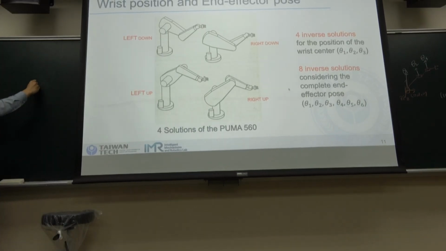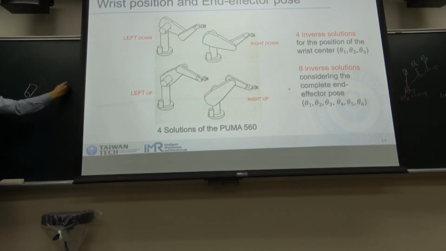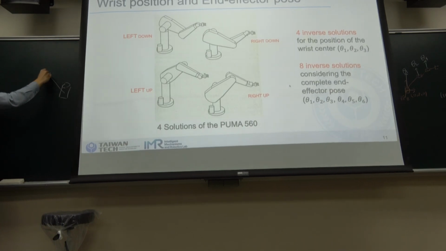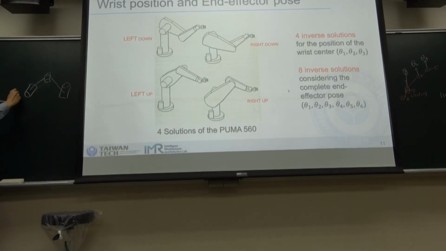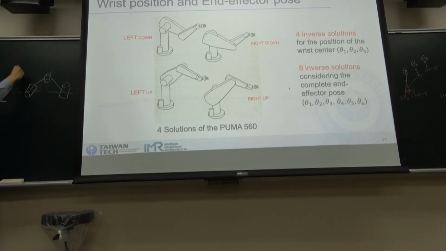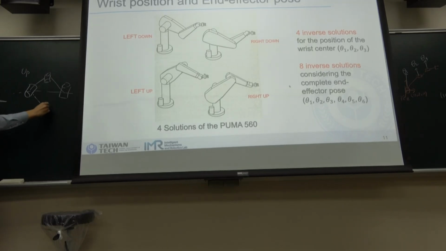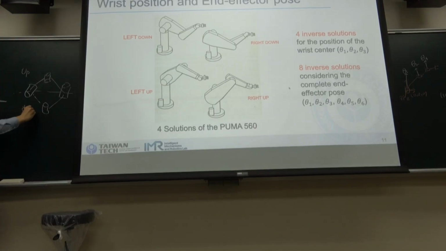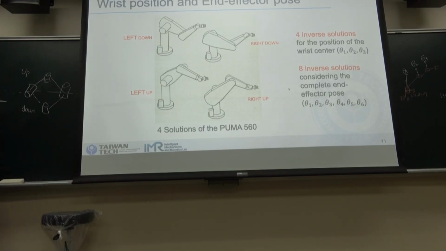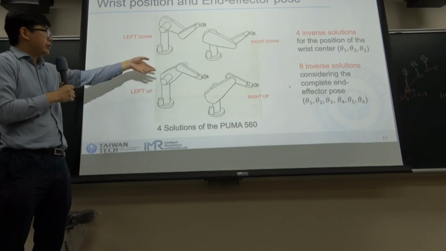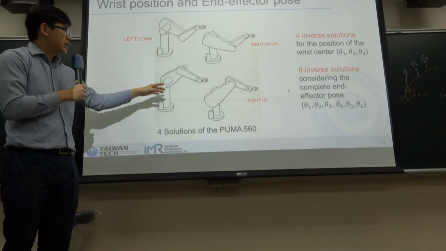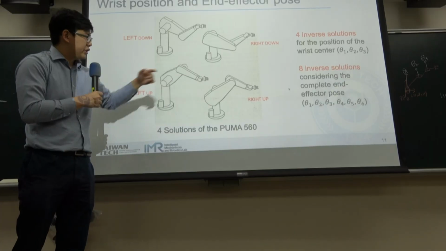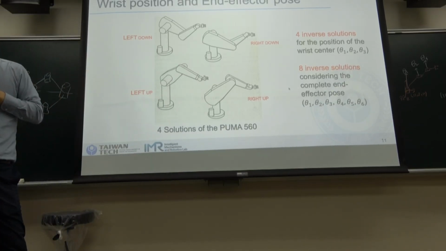So above this line means elbow up, and if it is below, it means elbow down. So through this, we have 4 different solutions, just with 3 joints.